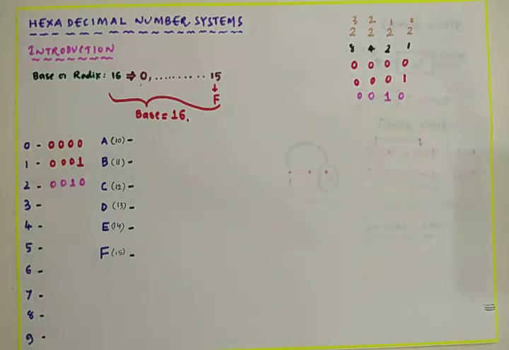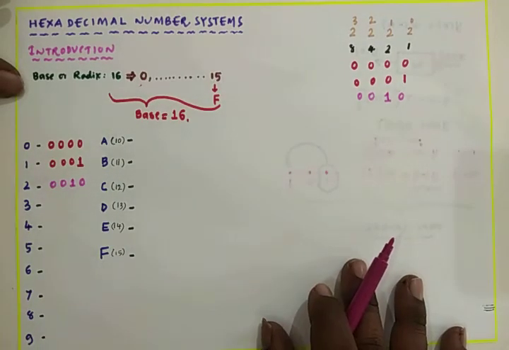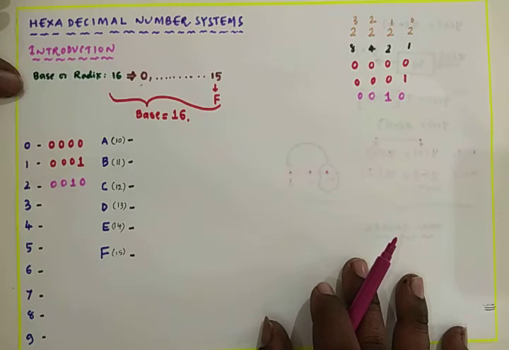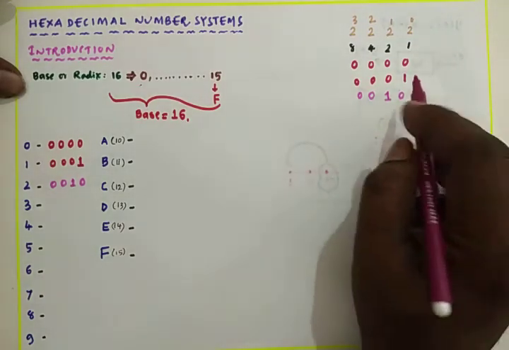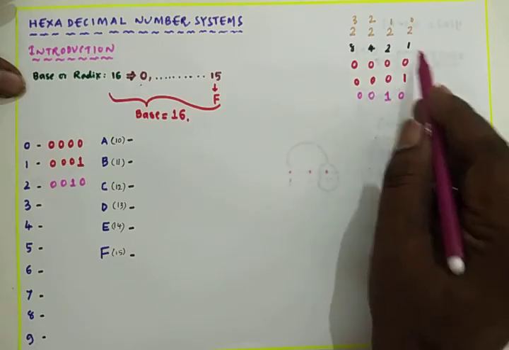Next, the hexadecimal number 3. I want to know the equivalent binary number. In 8 4 2 1 there is no 3, so I go with 2 plus 1 is 3.